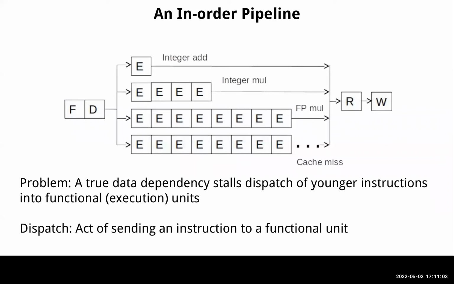An integer AND instruction will only take one execution cycle, an integer multiply may take 4 CPU cycles, and a floating point multiply will take 8 cycles. Other instructions may take even longer. After that, the CPU also needs to read the data, that is the R cycle. There is also a W cycle to write back data to the register and memory.